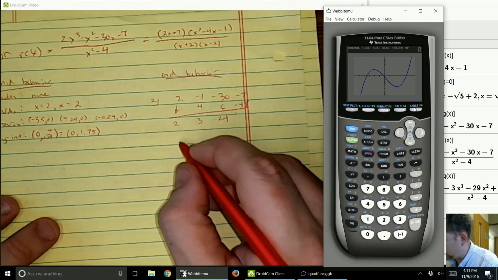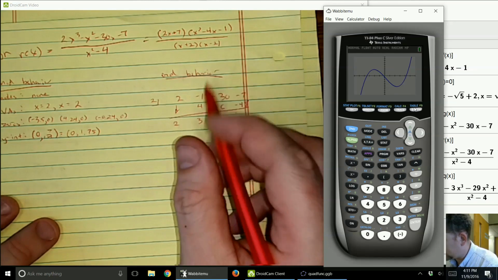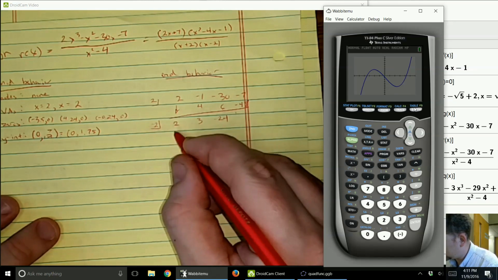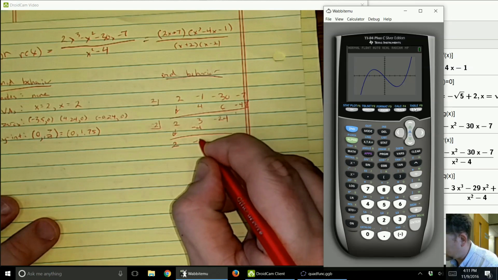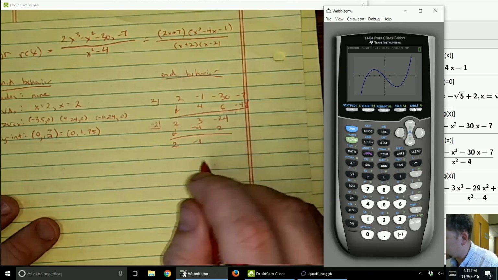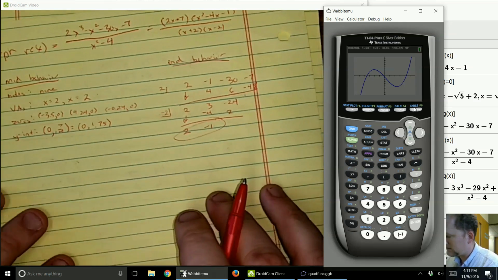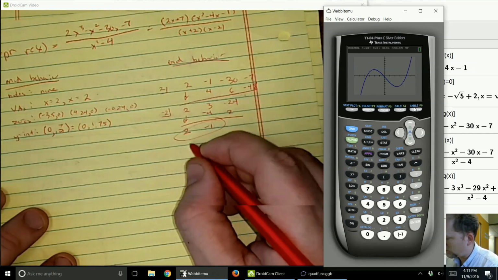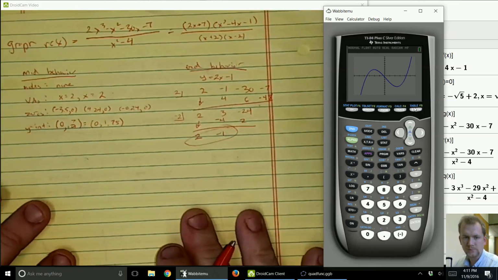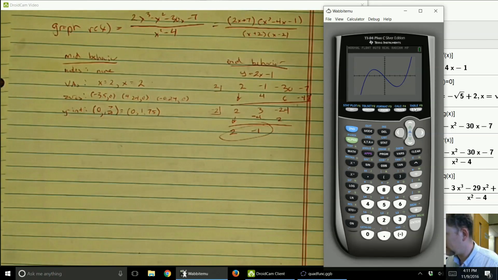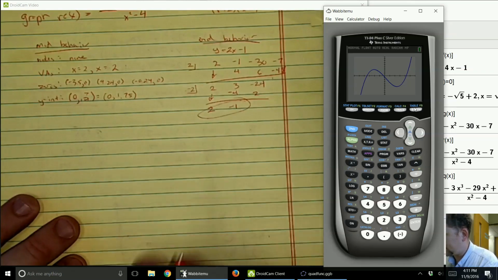Now we just do, we now send in the -2 into this. 2, -4, -1, 2, and who cares? This is it. So the end behavior is y equals 2x minus 1. Now we are ready.